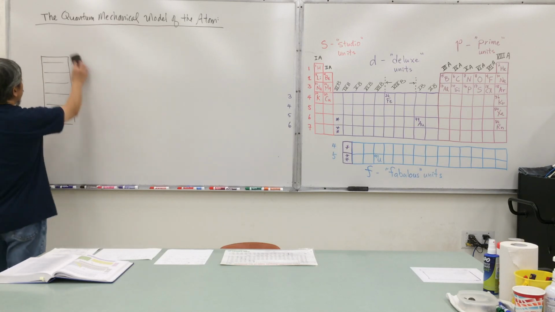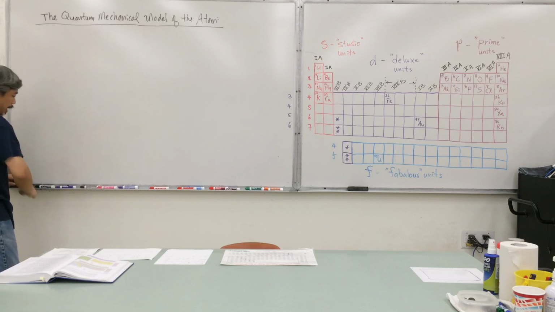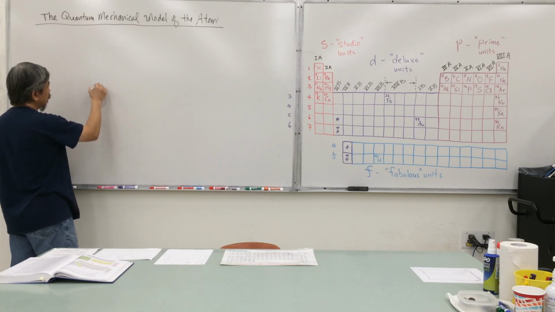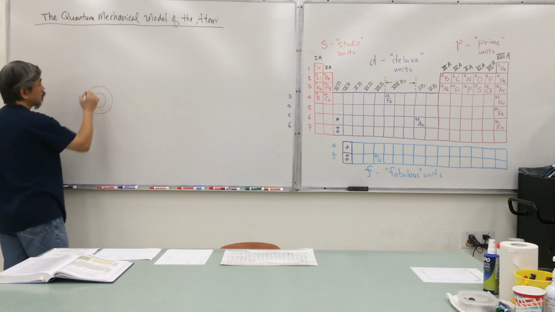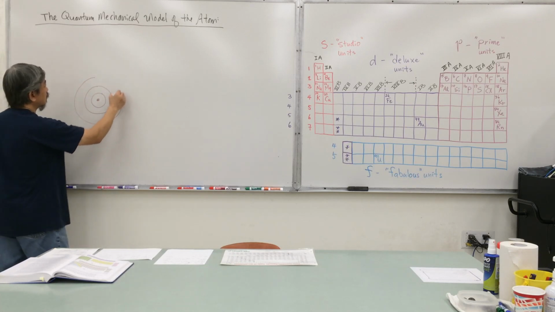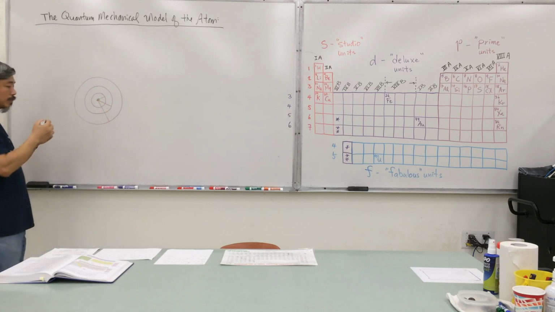The first thing we need to do is create this structure of floors inside of our atom. Imagine I have the nucleus over here, and as I go further and further out, I create hollow spheres that surround the nucleus, and the radius increases more and more. But notice something very interesting.